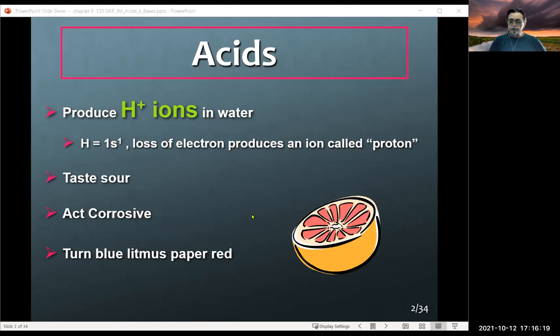There's two colors, blue and red. A blue litmus paper, if I dunk it in a liquid and it turns red, that tells me it is an acid. Doesn't tell me the magnitude, how strong it is. It just tells me it's an acid. We're going to learn there's different strengths of acids down the road here.